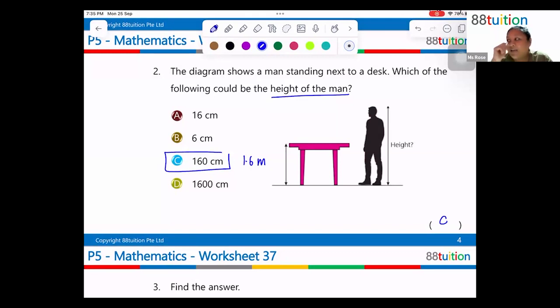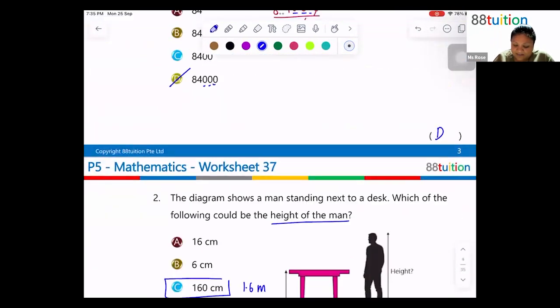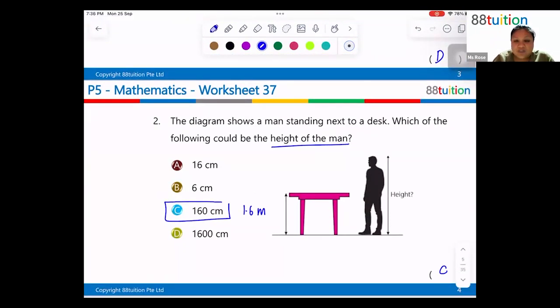So if you can walk through the door comfortably without touching the door frame, that means you're about halfway there. Okay, now this is a very common kind of application question. Most of you got the question correct.